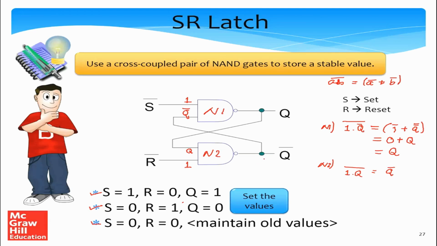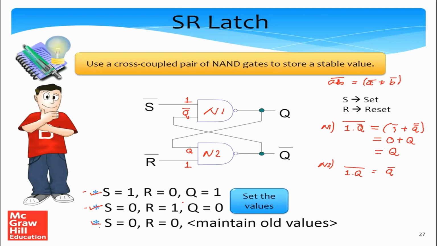This is a fantastic idea, so I'll tell you why. So the way that this latch works is that we have a way of setting the value, which means setting Q to 1. We have a way of resetting the value, which means setting Q to 0 using these two combinations.